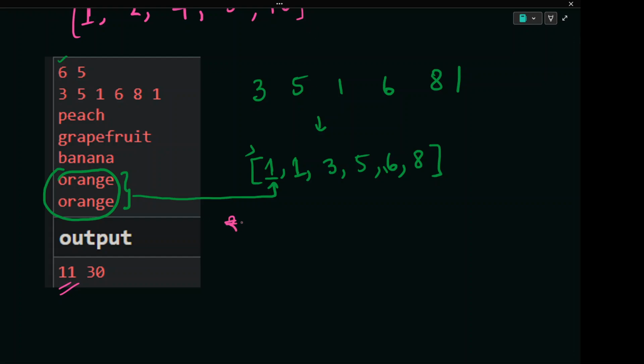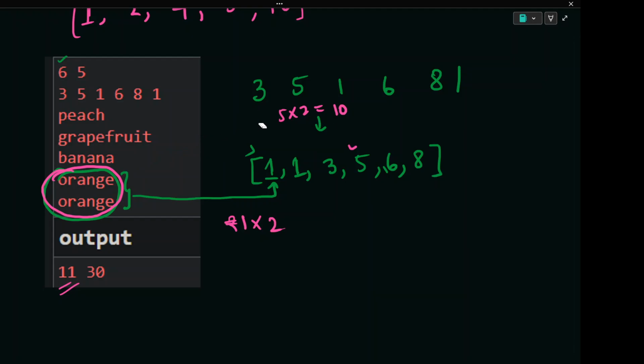So rupees 1 is the orange and we have two oranges, versus what we did last time. We assigned orange to 5. Then 5 into 2 will become more expensive, 10. So the strategy would be: the more of the same kind of fruit, assign it to the least price.